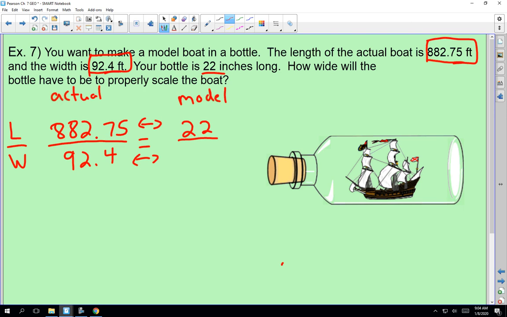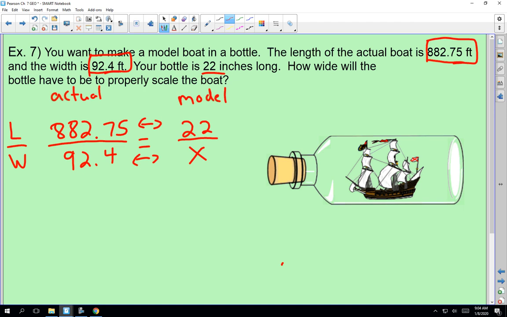So there's different ways to set it up. You just need to make sure that corresponding parts are in the right places. So on the bottom here, I would have X. That's what it would look like. So one more time, the reason I have X on the bottom is because that corresponds to width of the actual boat. That's what I'm trying to find. Is that clear?